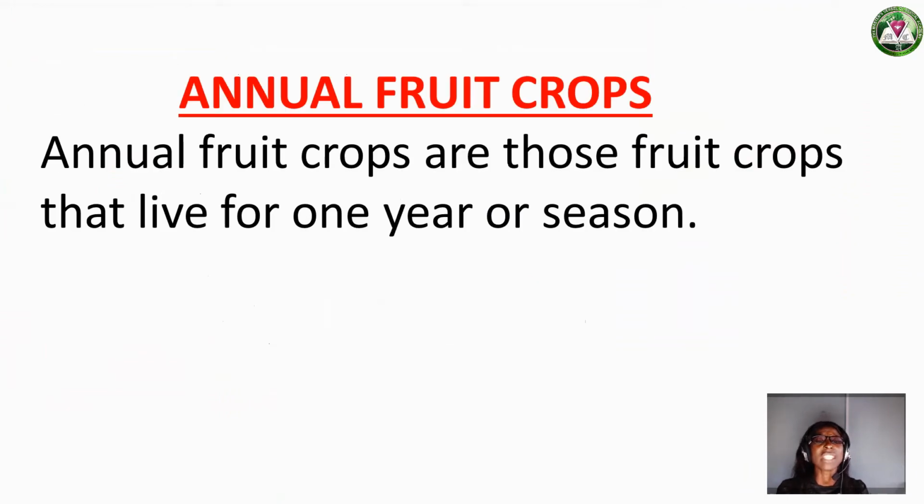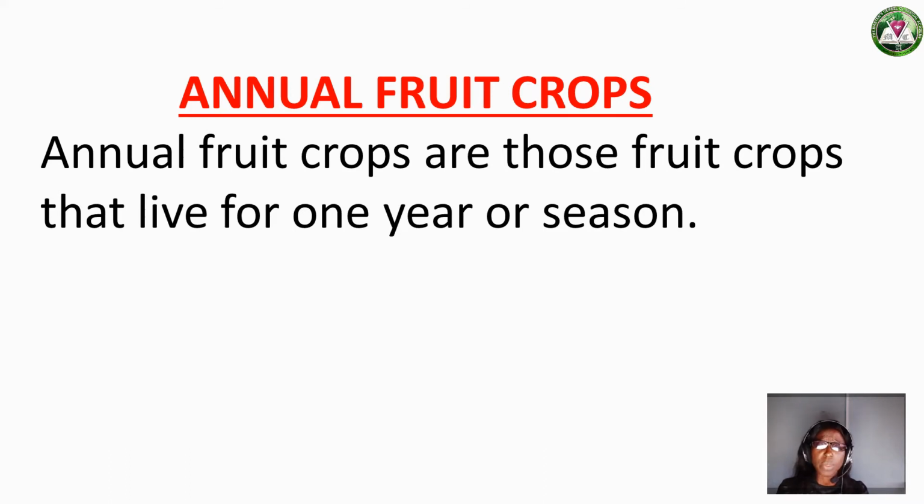Now let's talk about annual fruit crops. Annual fruit crops are those fruit crops that live for 1 year or 1 season. They can only stay for 1 year. They can never exceed 1 year.